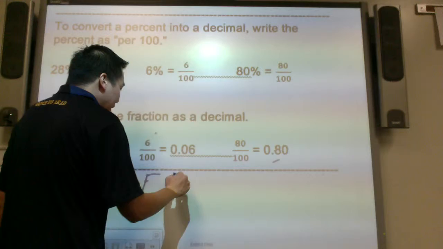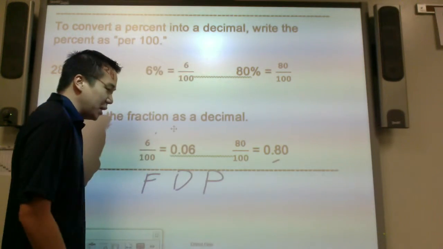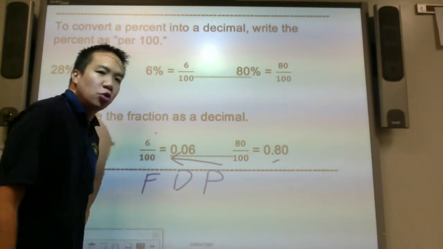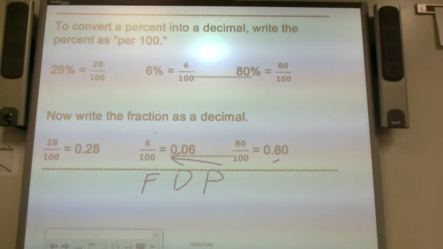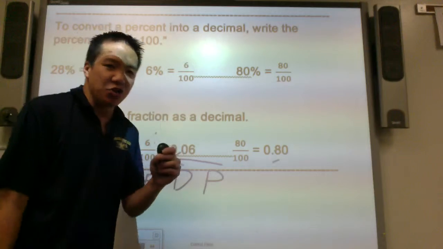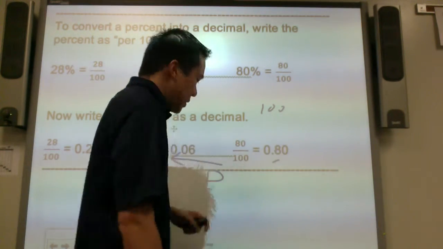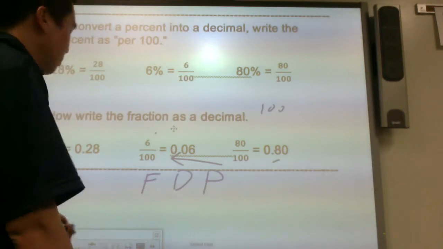Or, if you like the FDP, to turn a percent to a decimal, you move the decimal 2 places to the left. Why 2 to the left? Because hundredths, 2 places. It's the power of 100.